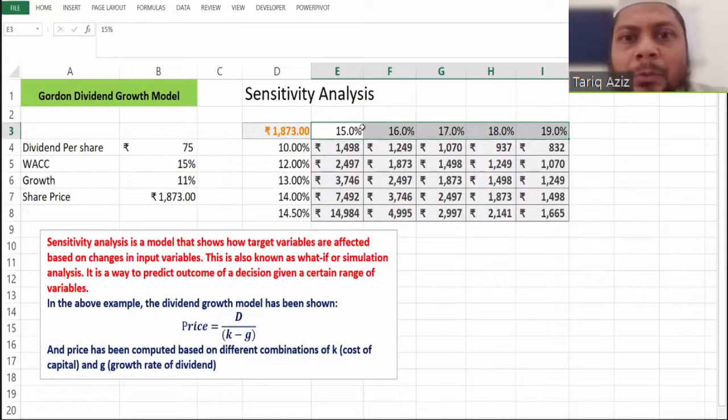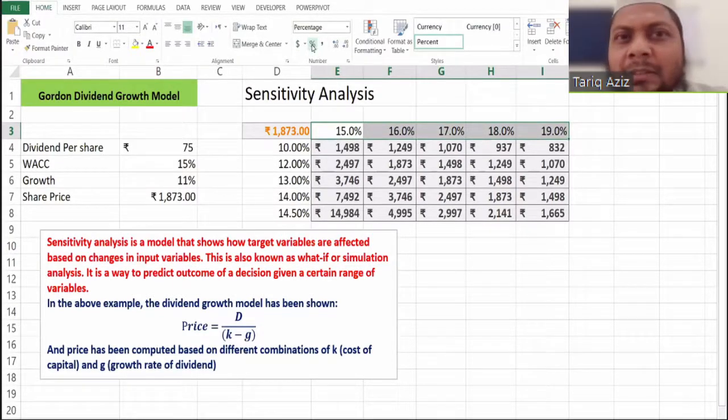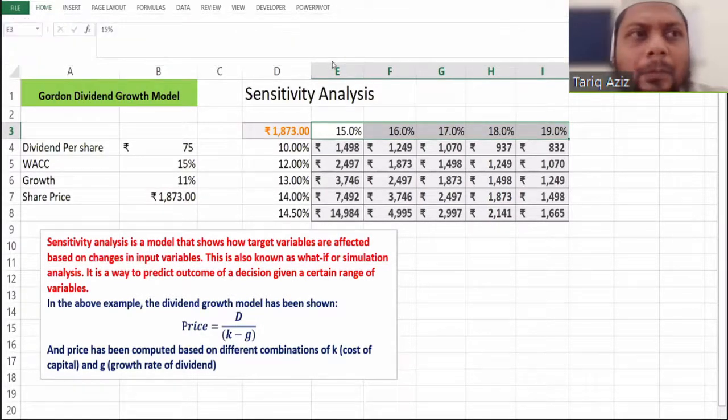How can we remove it? Just select the whole data and come to the Home tab, and under the Home tab you will find a percentage sign here. Is the percentage sign visible? Yes, sir.